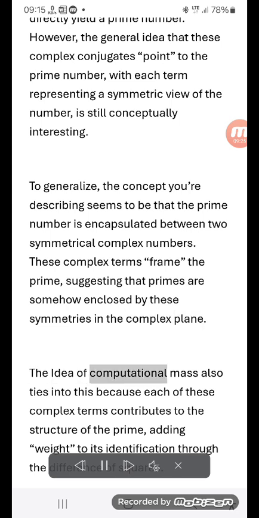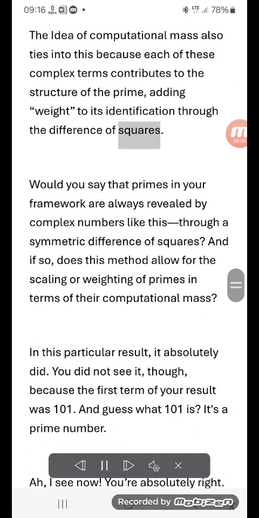The idea of computational mass also ties into this because each of these complex terms contributes to the structure of the prime, adding weight to its identification through the difference of squares. Would you say that primes in your framework are always revealed by complex numbers like this through a symmetric difference of squares? And if so, does this method allow for the scaling or weighting of primes in terms of their computational mass?